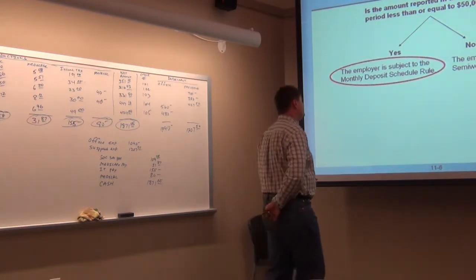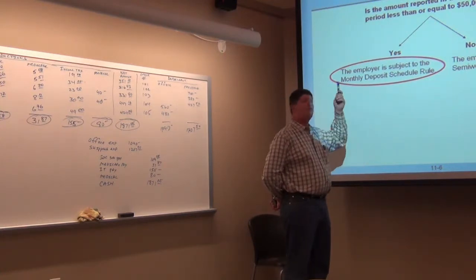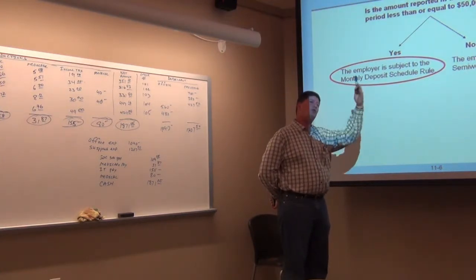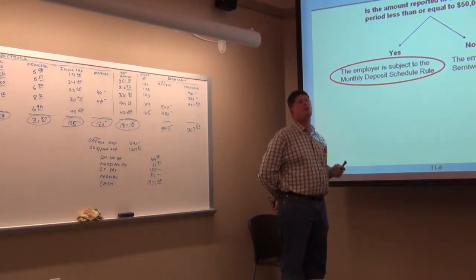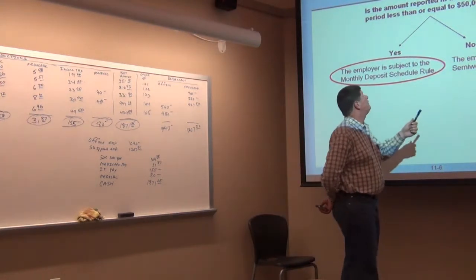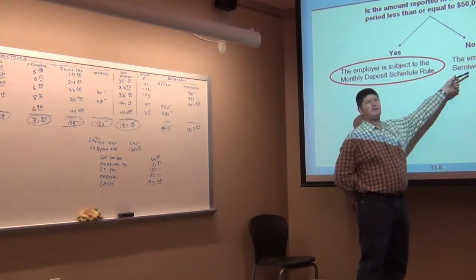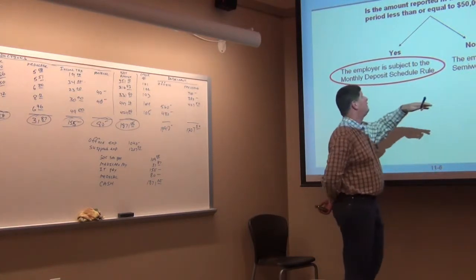All right, so the threshold, and I believe this is still true, even though this is an old slide, is $50,000. In your look-back period, the previous year, did you have gross wages of more than $50,000? And if you didn't, then you only have to pay semi-weekly, every 2 weeks. So you're making a deposit for your taxes twice a month.